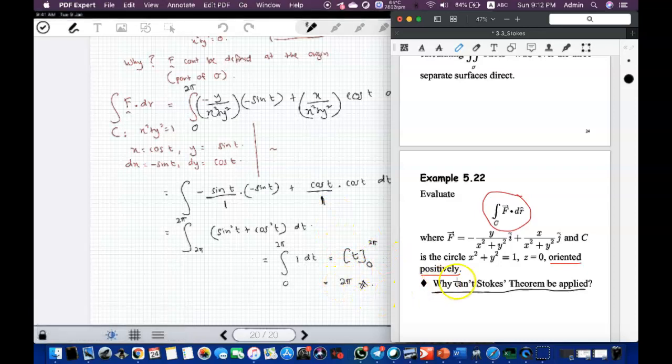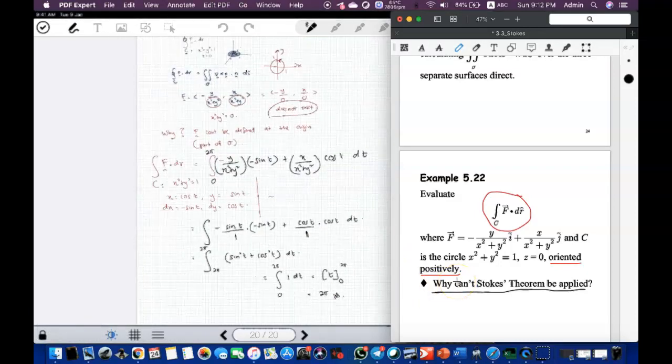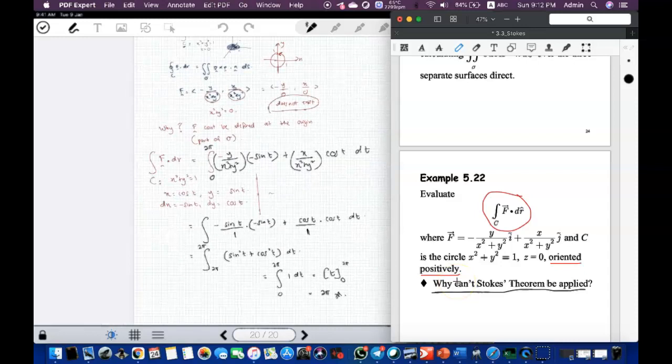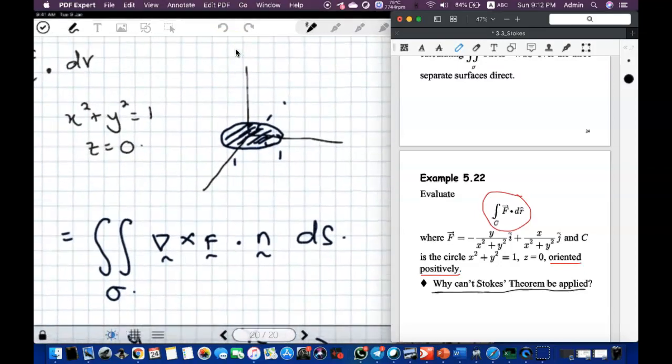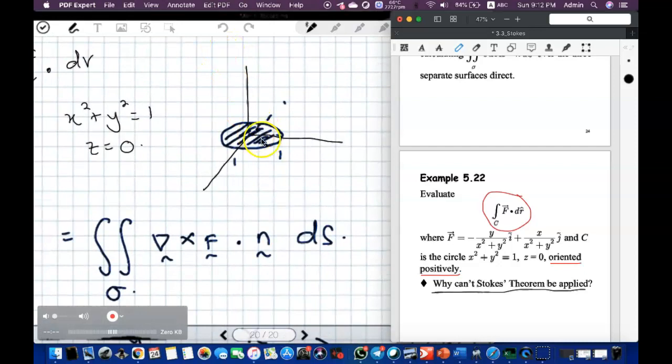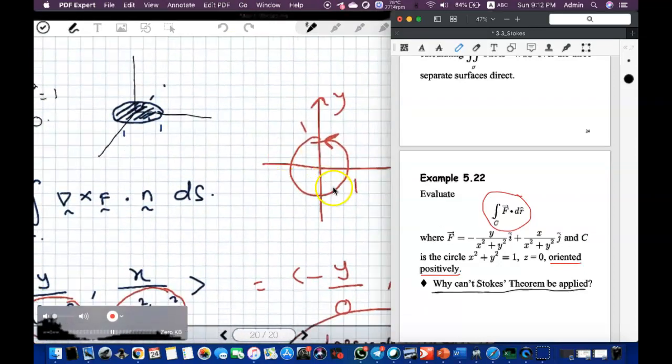How can we know the answer is 0? So imagine now we apply Stokes' or Green's theorem. I say we can use Green's here because we have 2D, when z equals 0, so it transforms into 2D where we have this particular shape.